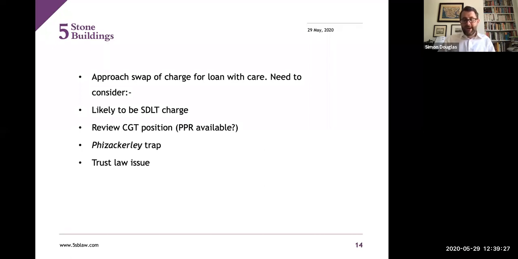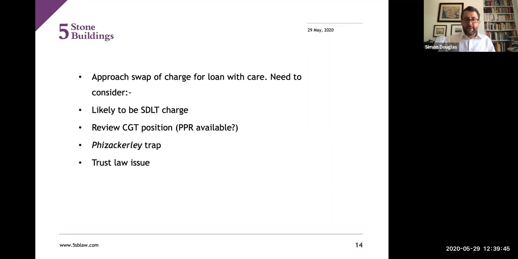And when you're buying back a share of your home, a share that you'd gifted away, then you potentially fall within the reservation of benefit rules, which will undo all of your IHT planning. So you'd need to make sure that you're not going to fall within the Fazakerley trap.